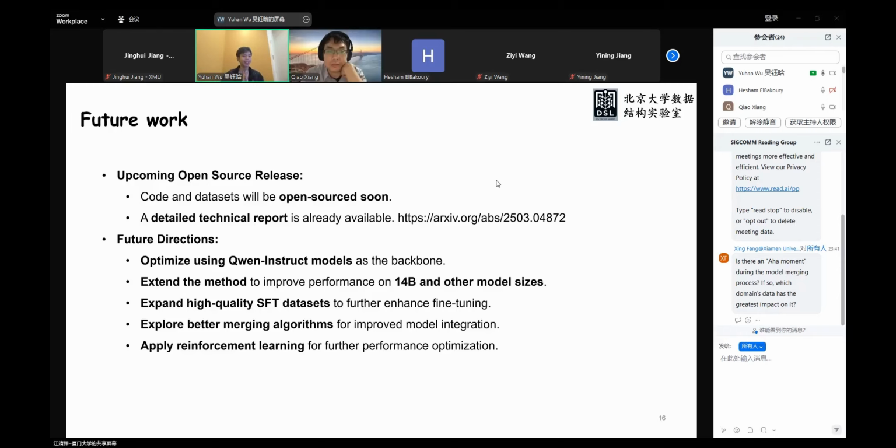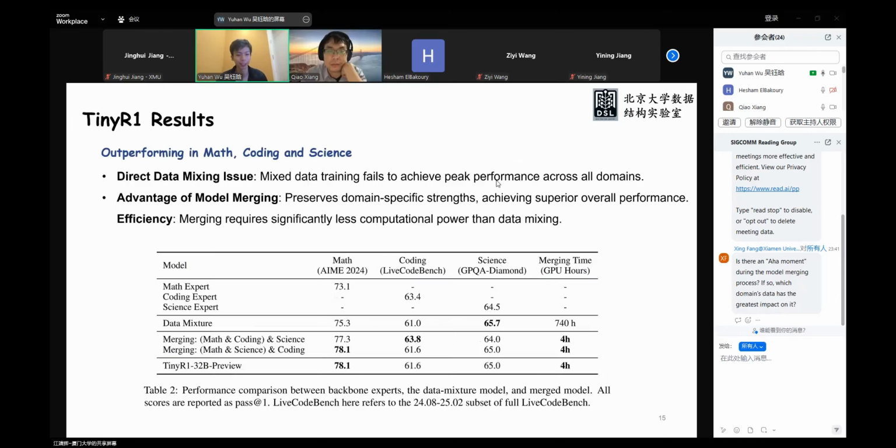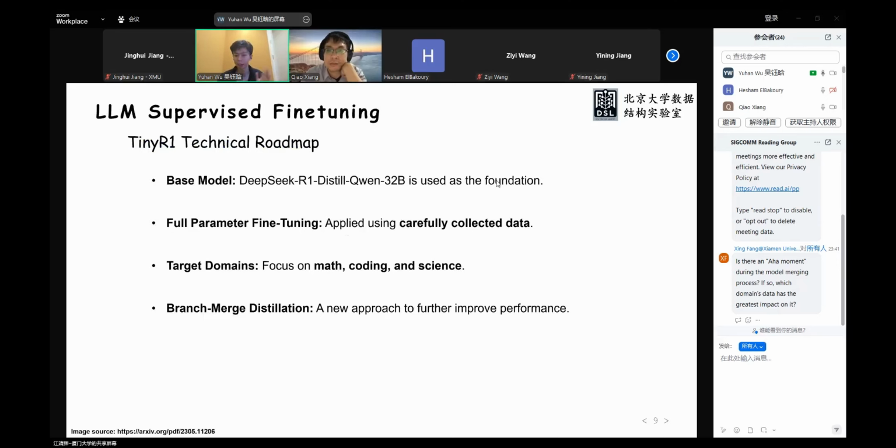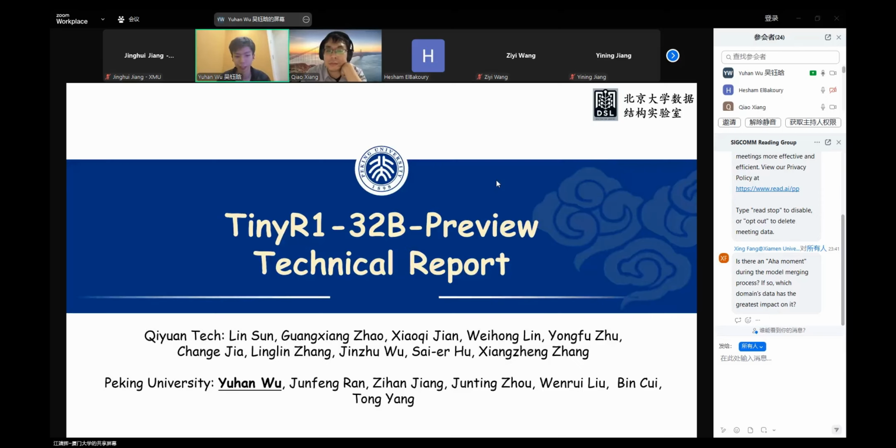First, the tiny R1 model is not trained by DeepSeek. Yes, I know.